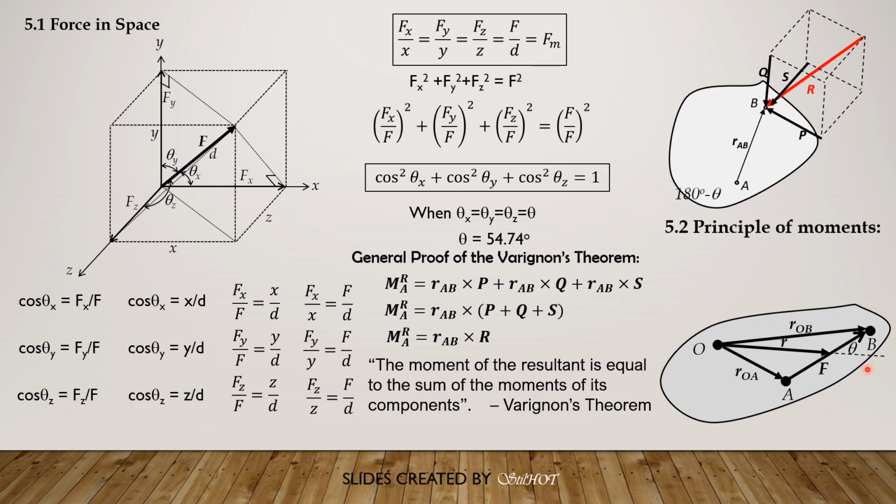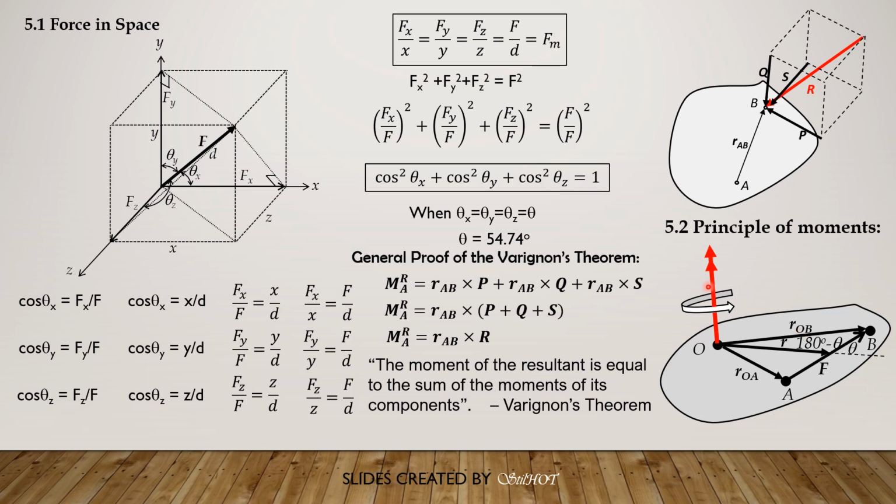So R cross F is the moment of F about the point O. So if this is the extension of R, then R and F form an angle of theta, and this other angle is 180 degrees minus theta. So this is the moment of the force, that's the sense.